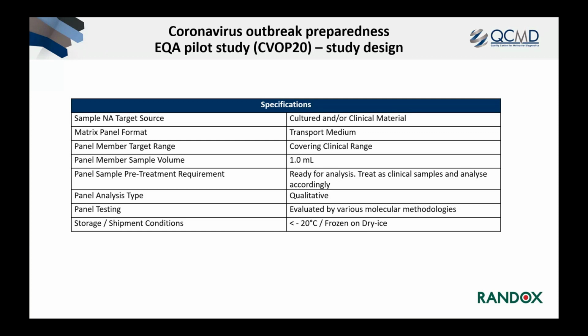As this was a respiratory programme, the material was provided in transport medium. We already had some provisional data from 2 of our key expert centres, so we had a good idea of the clinical range that we wanted to target for the EQA scheme.